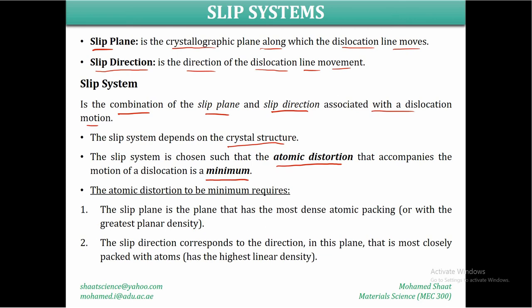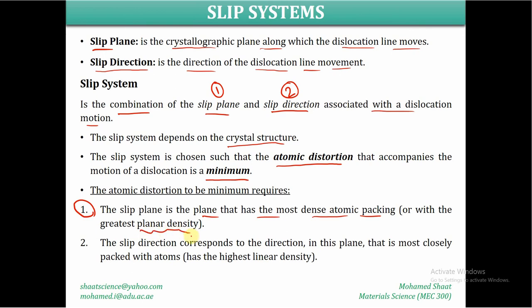This depends on two requirements that we have to achieve. First thing, remember the slip system requires that you define a slip plane and a slip direction. So how can we identify the slip plane? The slip plane is the plane that has the most dense atomic packing. As we discussed in chapter 3, we may have different crystallographic planes, and they differ in terms of something that we call planar density.